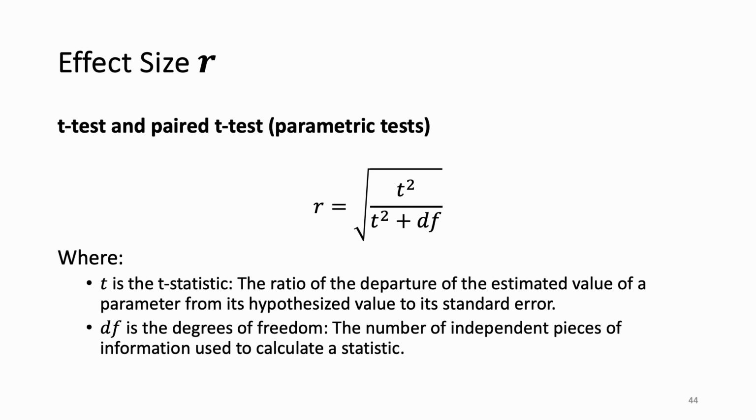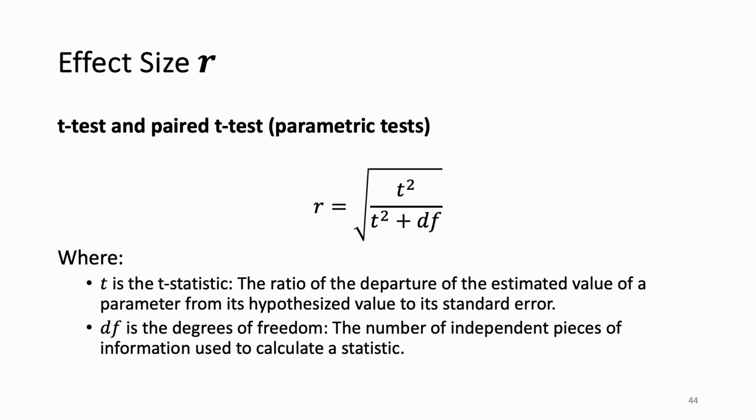After we calculate if there is a difference between the means of two groups, we also have to report the effect size of this difference, which could be a small, medium, or large effect. First, consider the independent t-test and the paired t-test, which are parametric tests that require that the data are normally distributed.